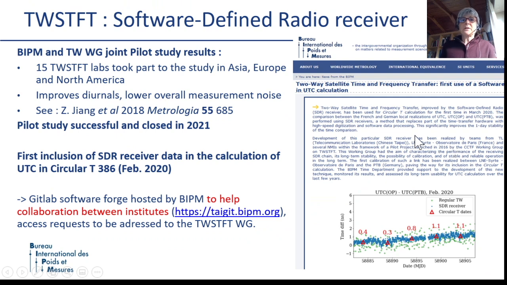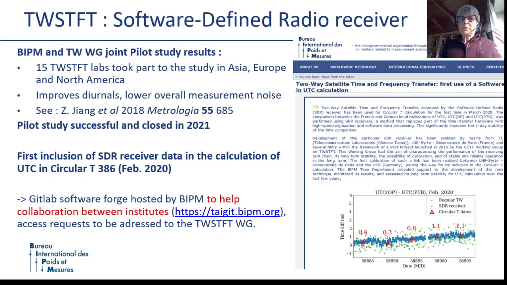And so advances are possible either with the two-way or with the GNSS, with two techniques that are currently under investigation. The first one is called the software-defined radio receiver, where the processing of the two-way measurements is based on digital data and not only on receiving the analogical signal.